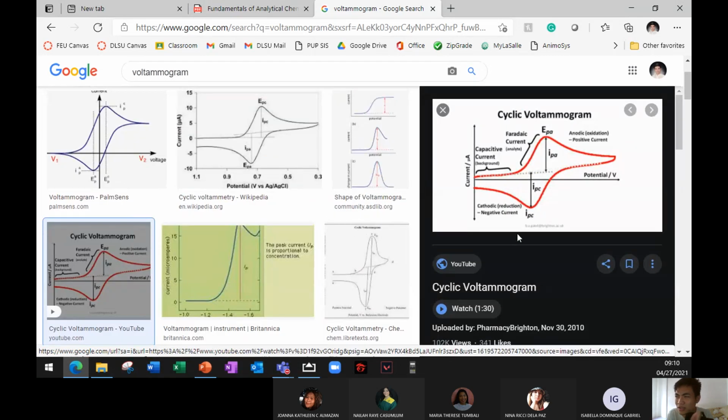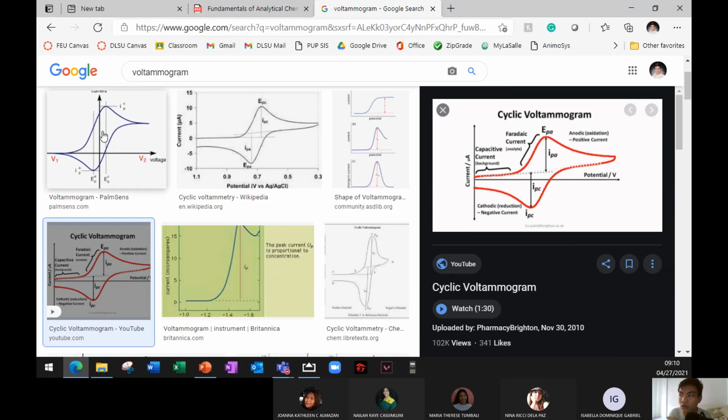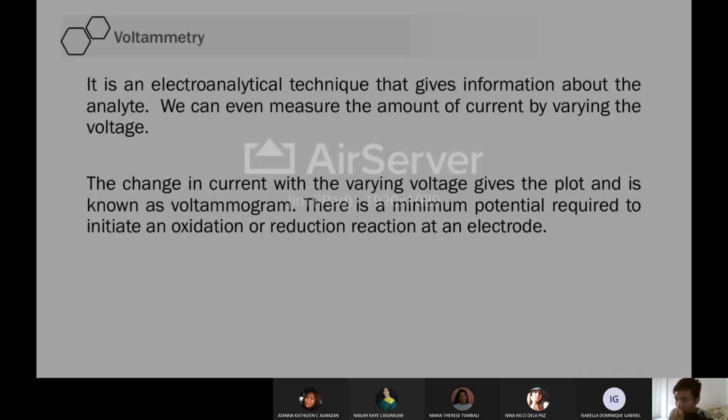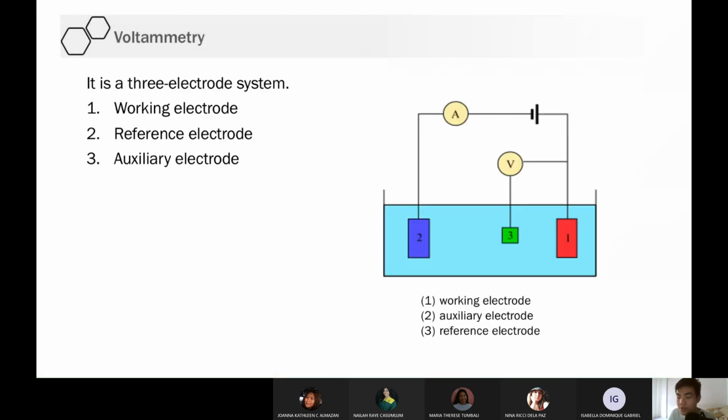By changing the potential, the voltage, you can measure the potential. It forms a loop, a very weird graph. In voltammetry, it is a three-electrode system: you have the working electrode, the reference electrode, and the auxiliary electrode, and they are connected in this diagram.